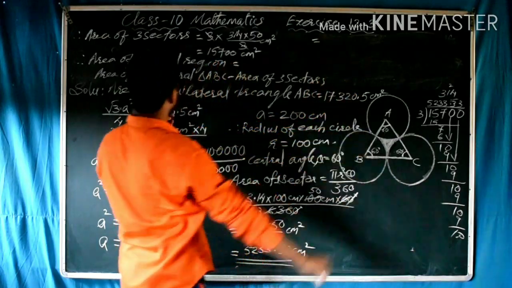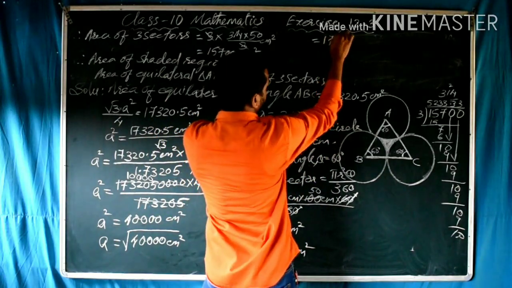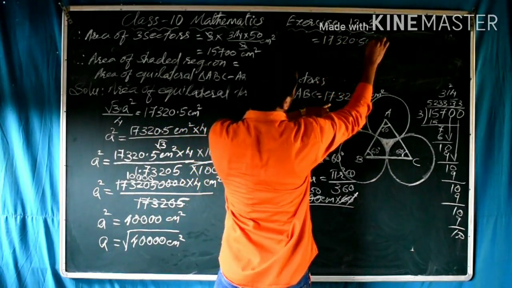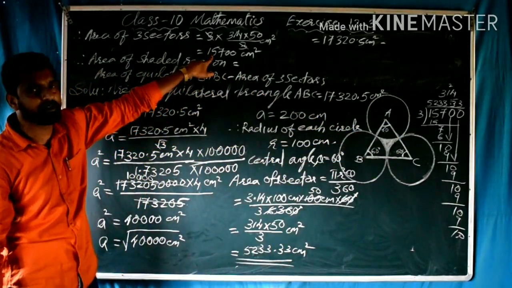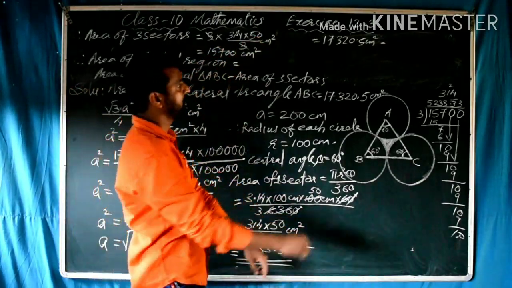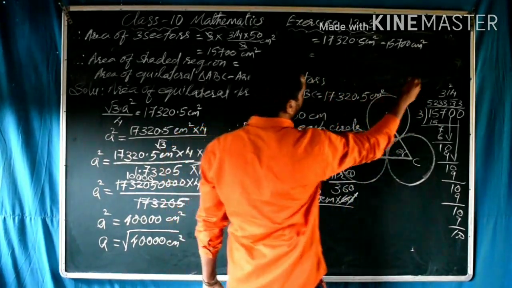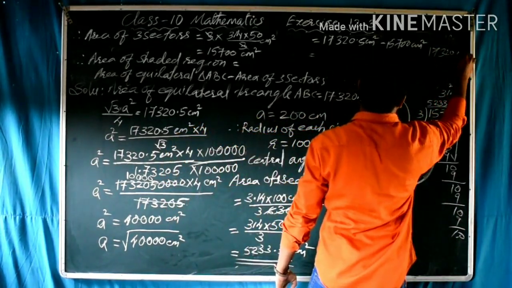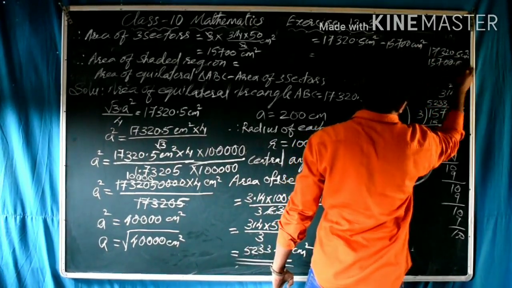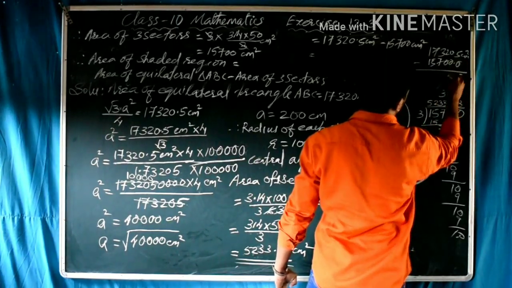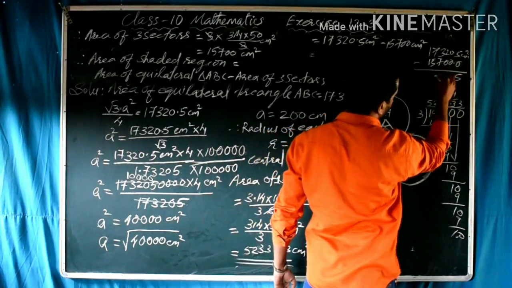Area of equilateral triangle ABC is 17,320.5 centimeters square, minus area of 3 sectors, which is 15,700 centimeters square. 17,320.5 minus 15,700.0: 5 minus 0, 5. 0 minus 0, 0. 2 minus 0, 2. 13 minus 7, that is 6.